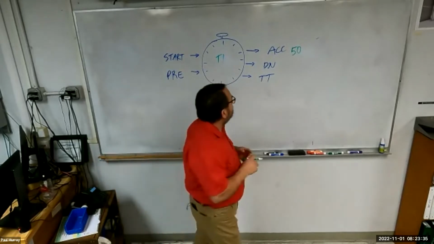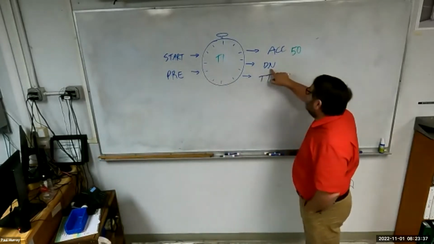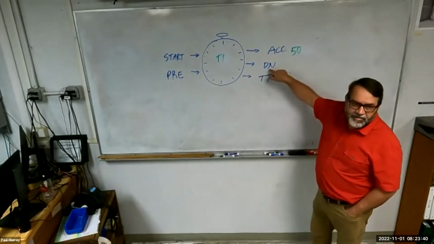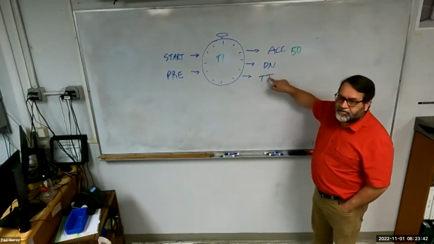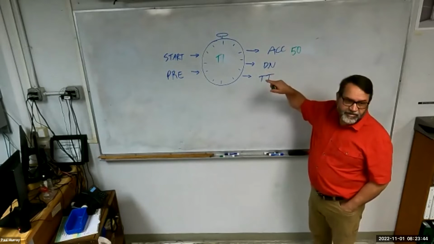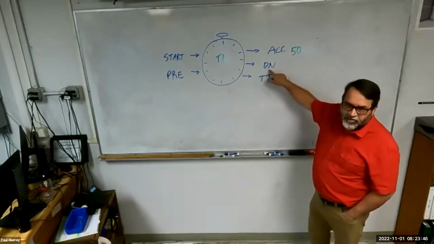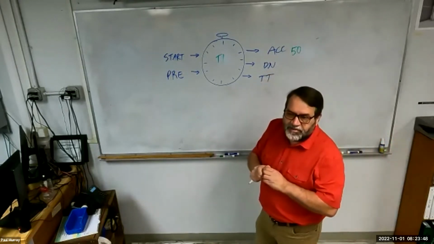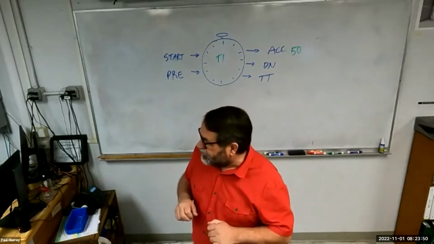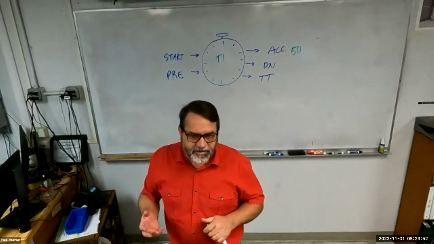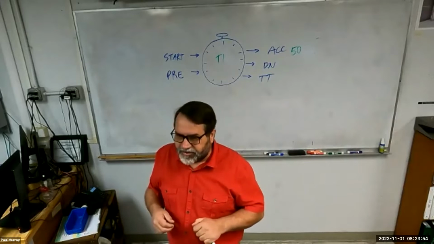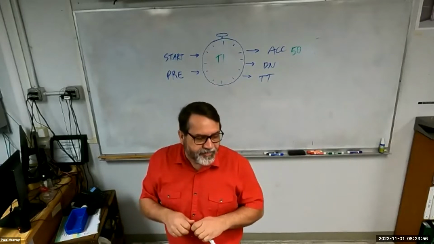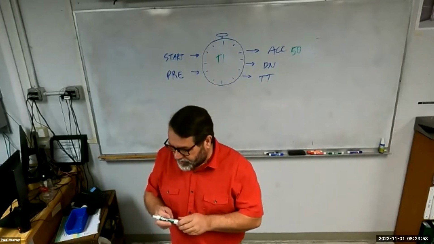Another thing about timers is when they finish, the done bit will go hot, and then as soon as the timer resets, the done bit goes cold. So the done bit in some ways is not very useful, because you can't turn a light on with it, because the light's not going to stay on. It will just do a flash. So that's not very useful.